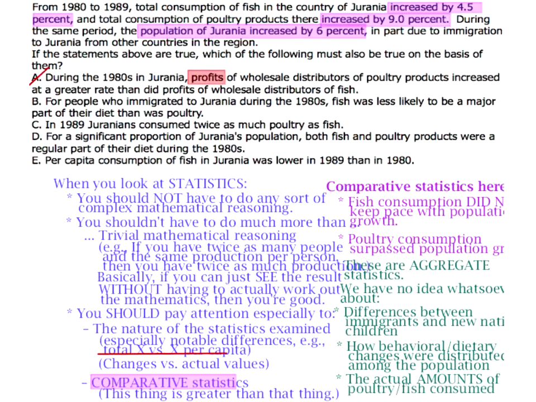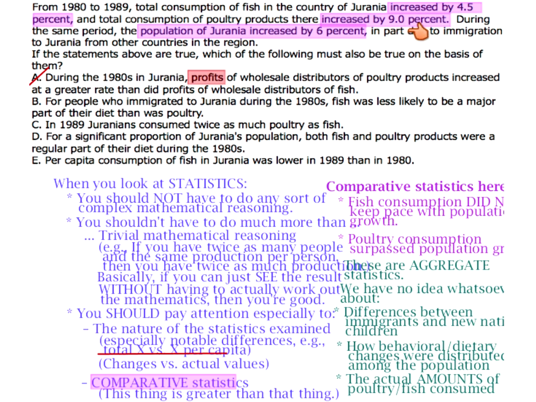Changes versus actual values. We don't know anything about that either. We have no idea of the actual amounts of things like poultry and fish that people eat. We just know that these things change by X number of percent.